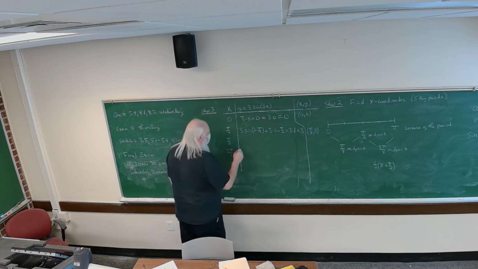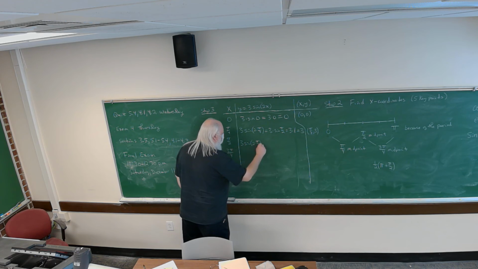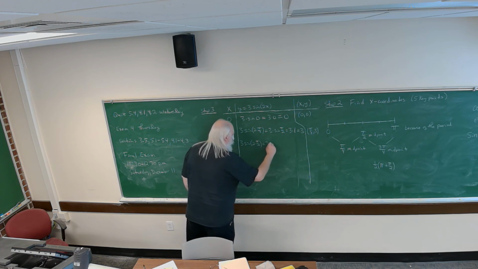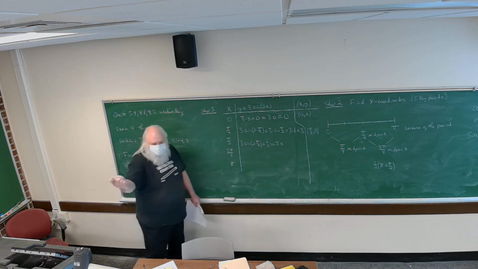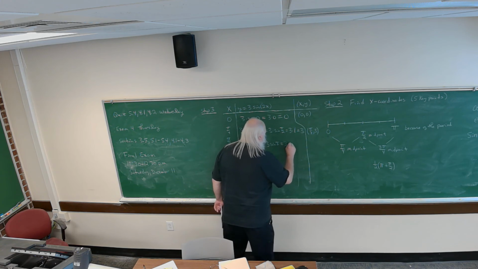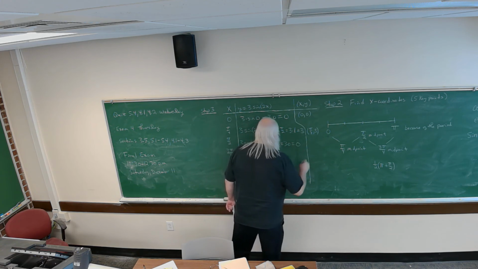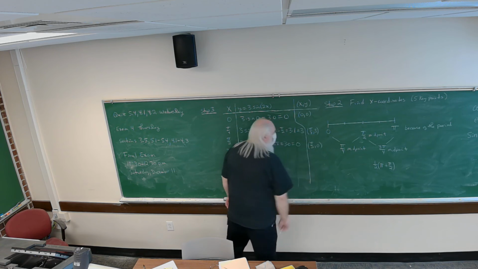x is equal to pi over 2, y is equal to 3 times the sine of 2 times pi over 2, which is equal to 3 times the sine of pi, and the sine of pi is equal to 0. So this is 3 times 0, which is 0. And so our third ordered pair is pi over 2, 0.